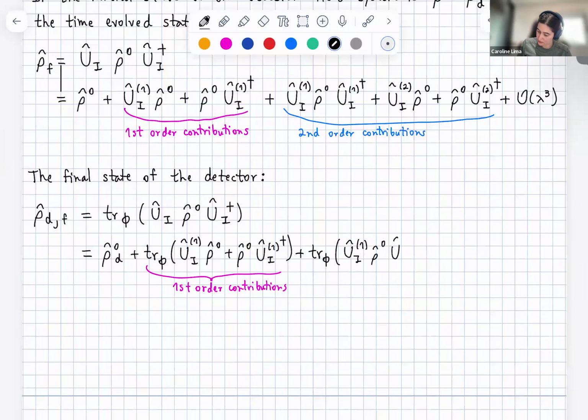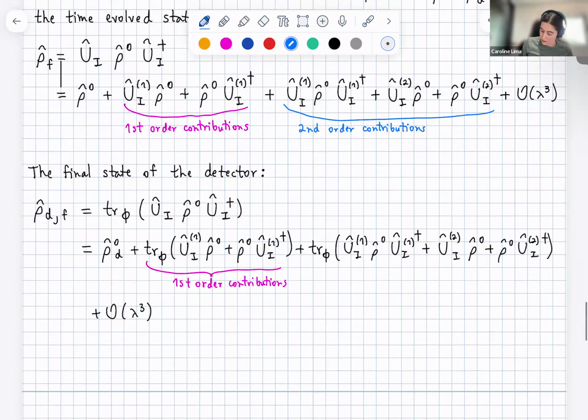So this here plus the ones that depend on U2. And then up to some lambda 3 corrections. Okay, this is the second order.